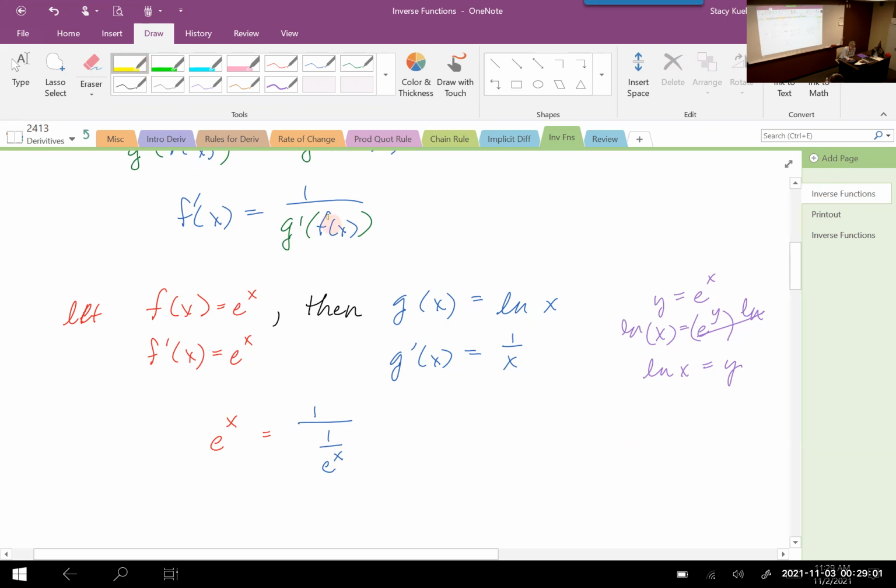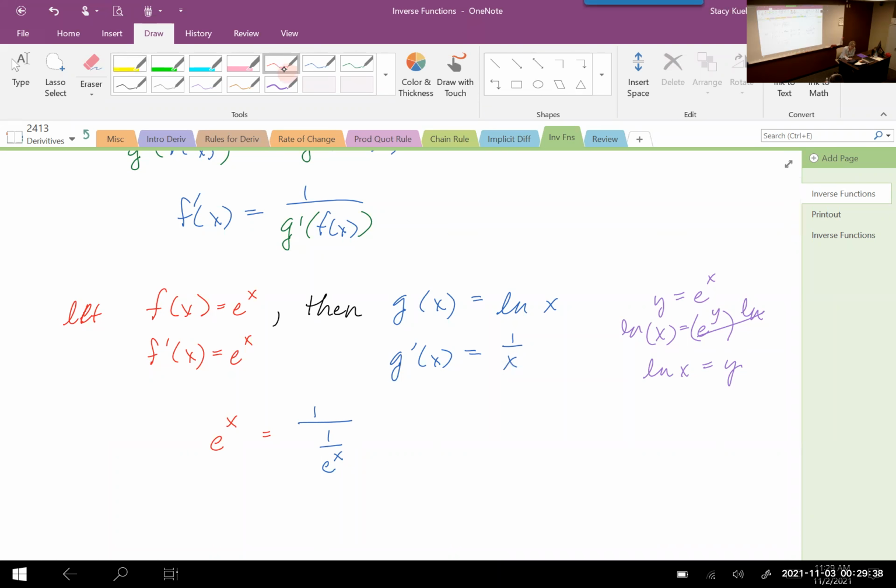Whatever f of x is goes down here in the denominator, doesn't it? I'm composing the inverse derivative with the function itself, right? See that? Yes? Okay. So I would have 1, which is in the numerator. The derivative function is in the denominator, and the derivative evaluated at f of x is 1 over x, right?